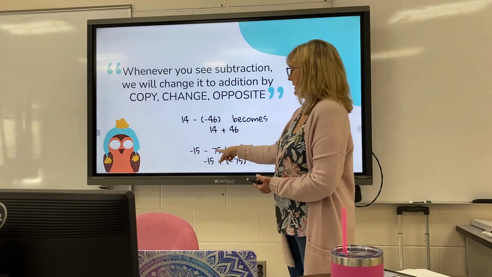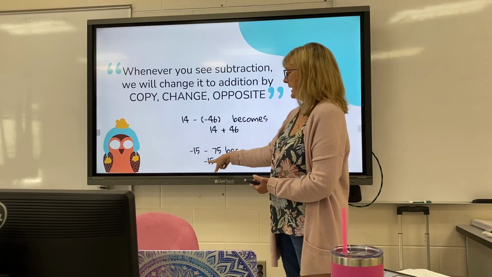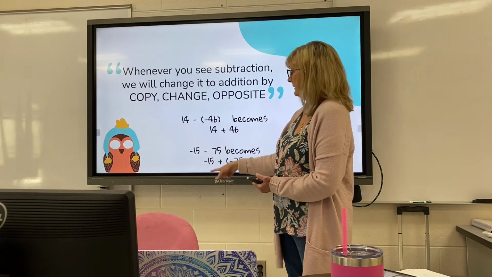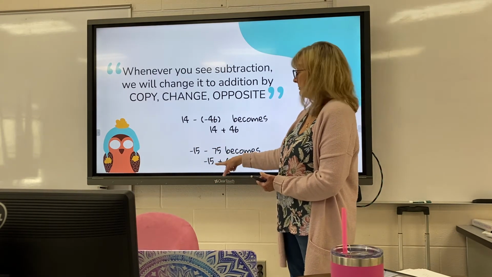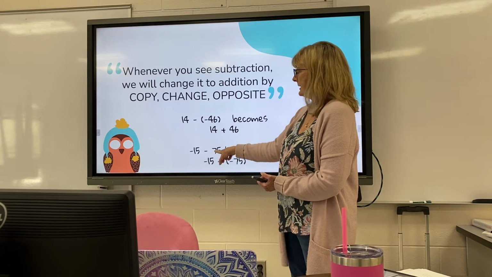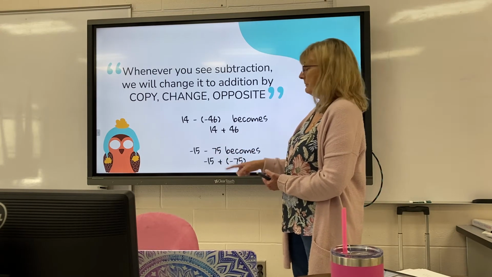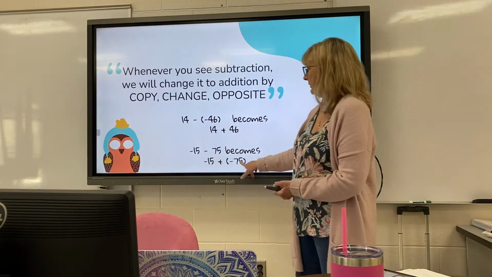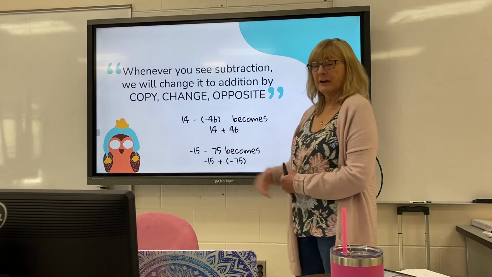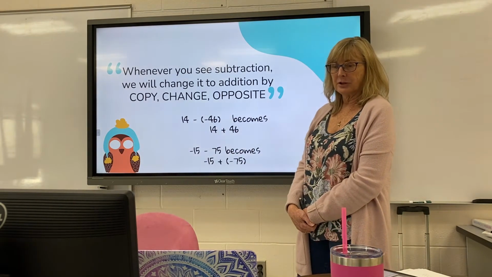Negative 15 minus 75 becomes negative 15, copy that negative 15, change the subtraction to addition, take the opposite of 75 and it becomes negative 75. Then we'll follow the rules for adding integers or rational numbers.